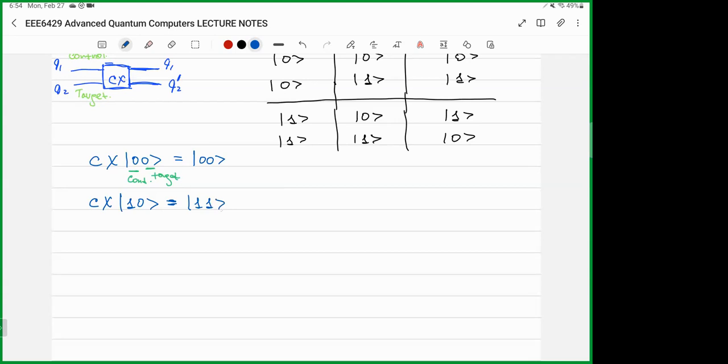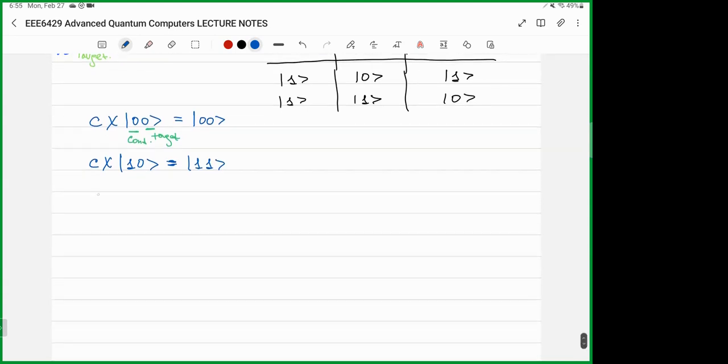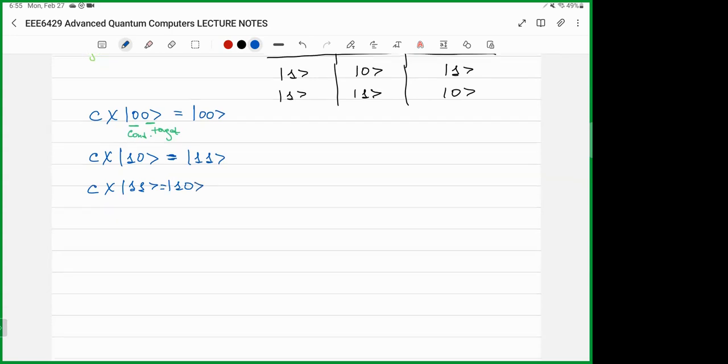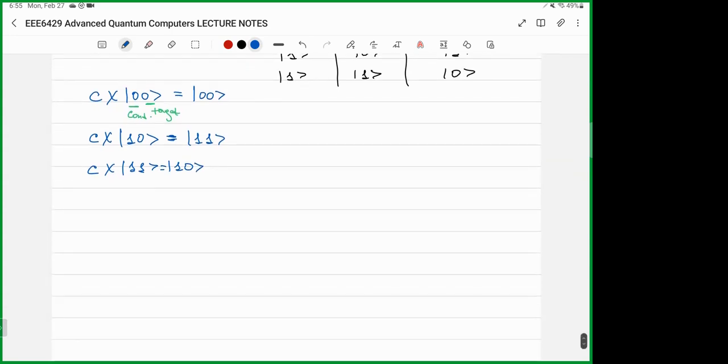So in this case, I'll get 1, 1. And likewise, if I act on the state 1, 1, again my control is 1, so I have to flip the target, so I'll get 1, 0. This is how it works.